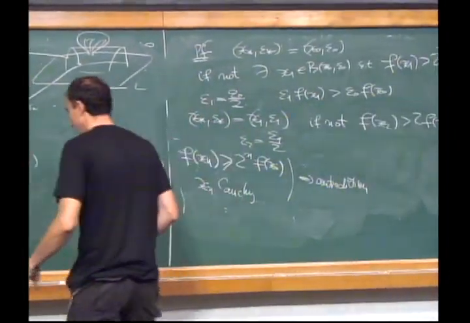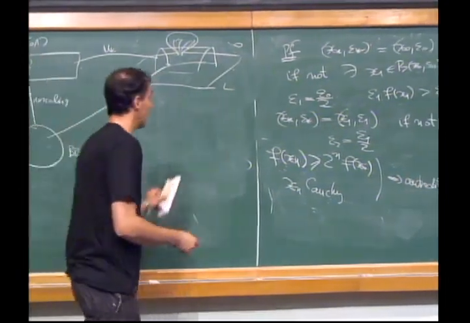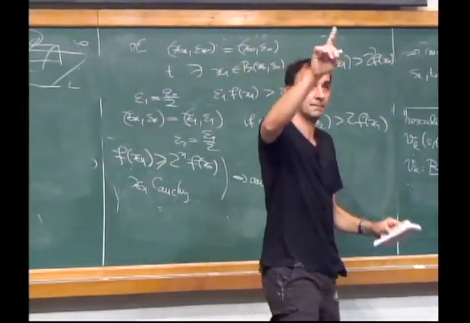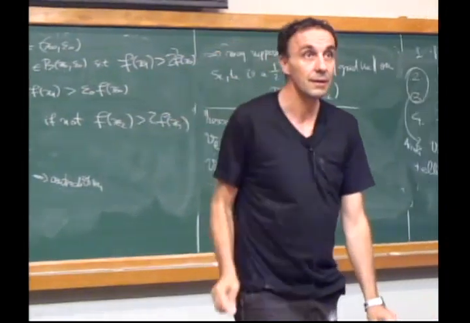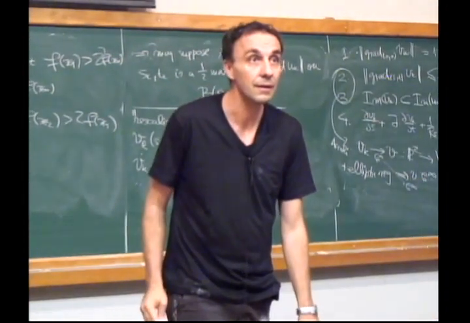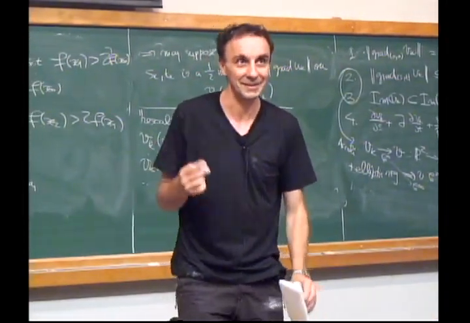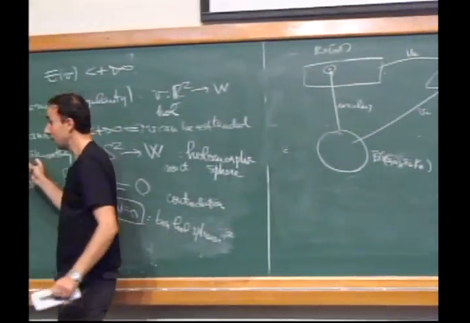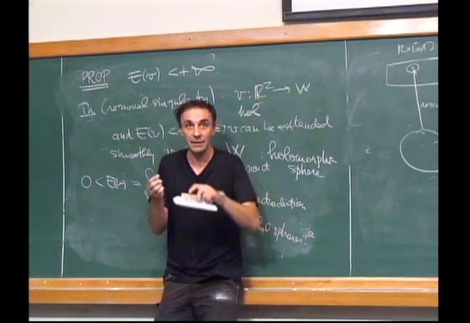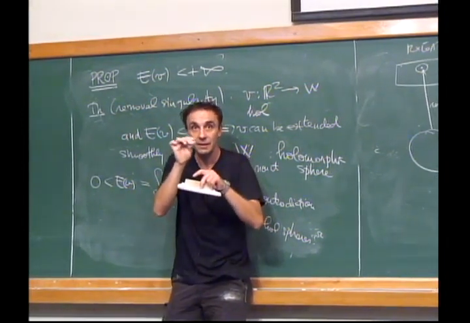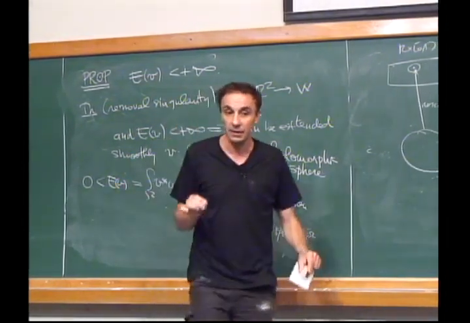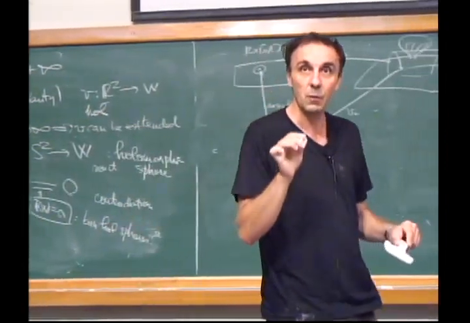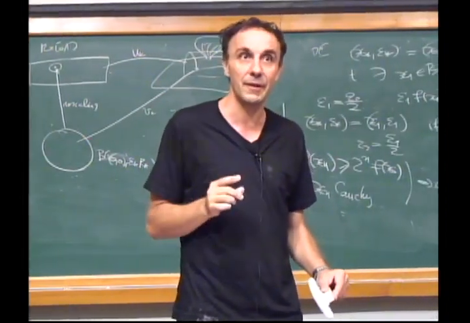Now, I still have 10 minutes. Why doesn't this blow up happen on the boundary? Remember, I put as a hypothesis, as a supposition, the fact that this point where the gradients go to infinity was far enough from the boundary.